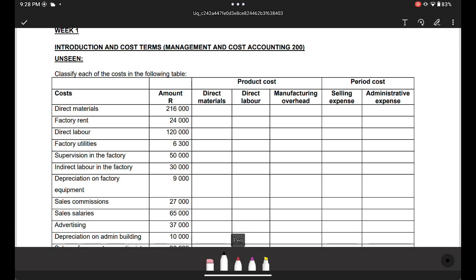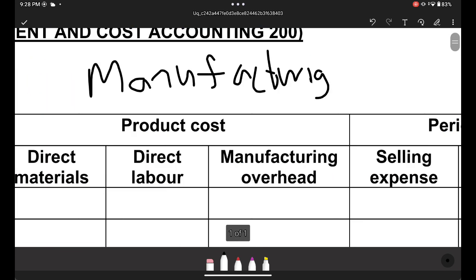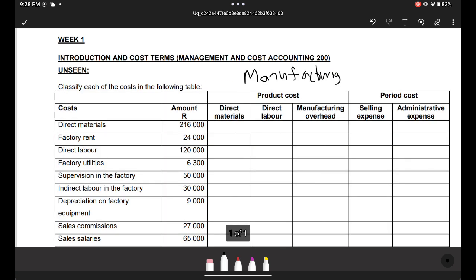The term I like to replace with product costs is manufacturing. And the term I like to replace with period cost is non-manufacturing.